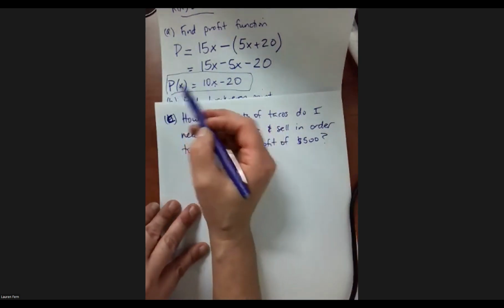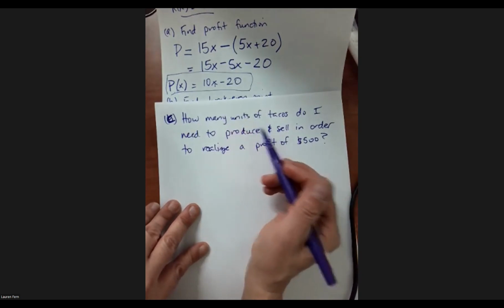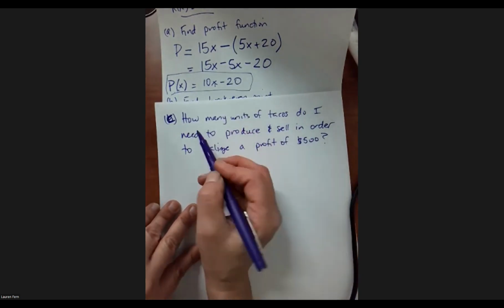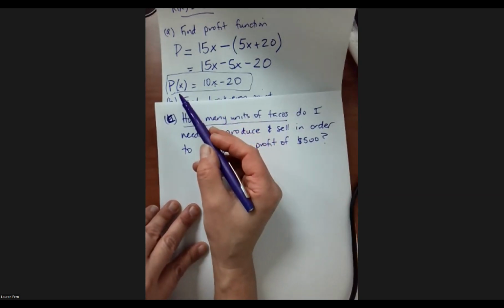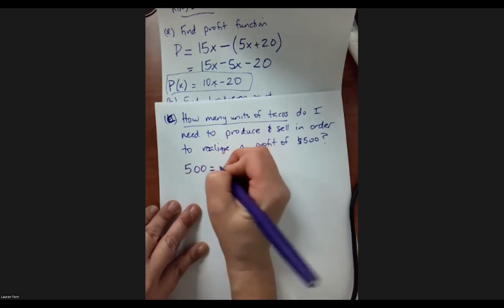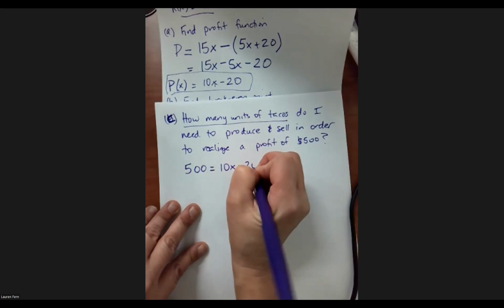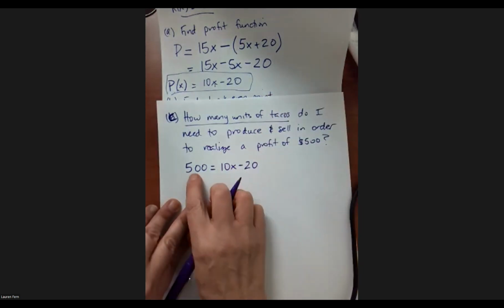Well, again, we have 2 unknowns. We have the number of units of tacos and we have the profit. Okay, what are we looking for here? The units of tacos. I'm looking for my X value. So I better be given something for my profit. And am I? Yeah, what is it? 500. So instead of solving this profit to be equal to 0 in our last example, we now want to make some cash.